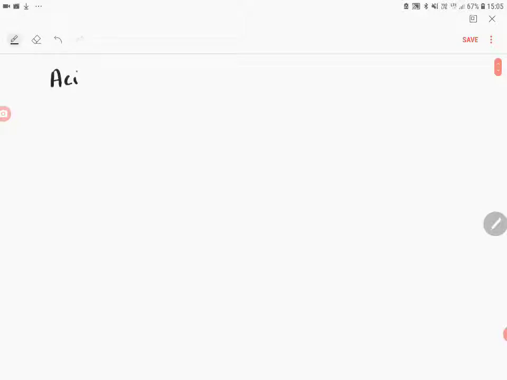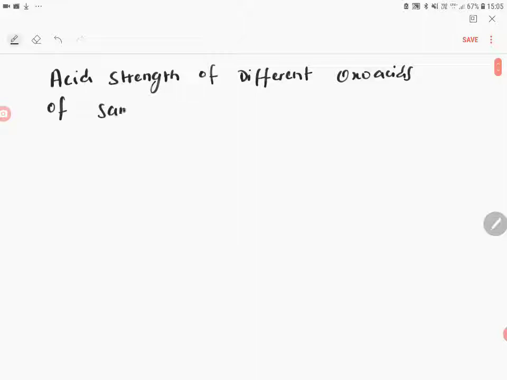Acid strength of different oxo acids of the same halogen in different oxidation states follows the increasing order.